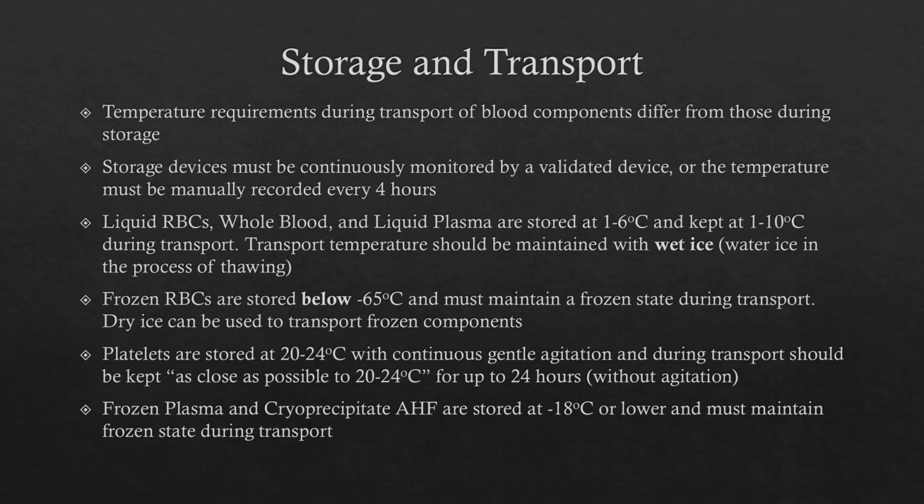So your liquid RBCs, whole blood, liquid plasma, those are all stored at 1 to 6 C. And then during transportation, you're allowed a 1 to 10 degree range for transportation. Anytime you're transporting a liquid cold product, you must do that with wet ice.